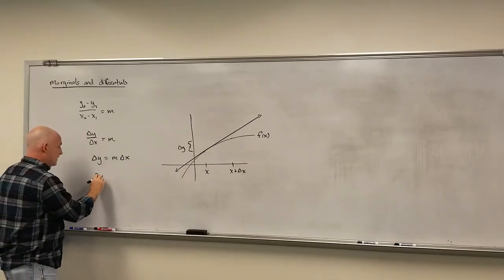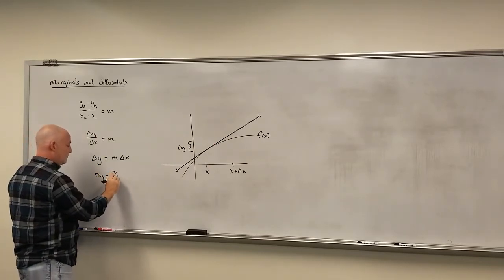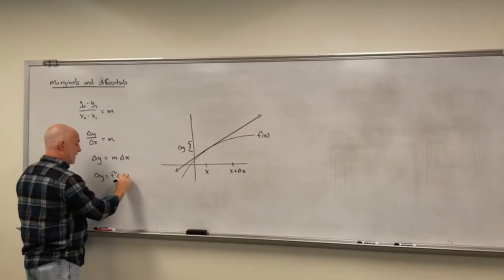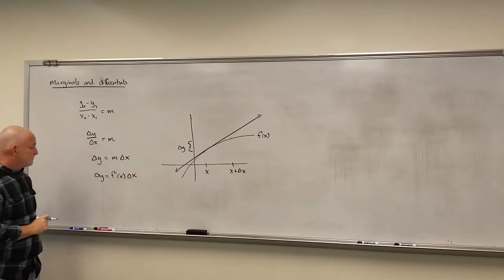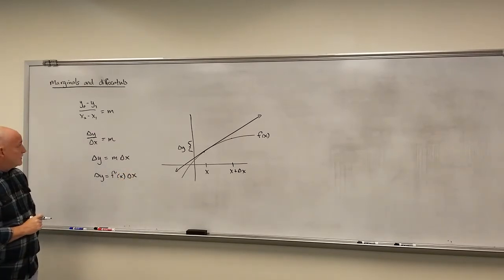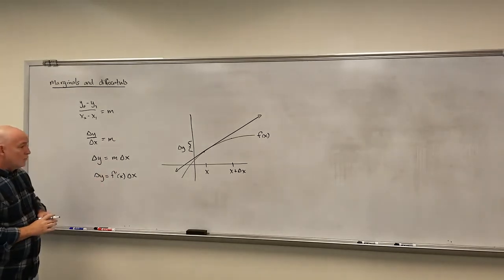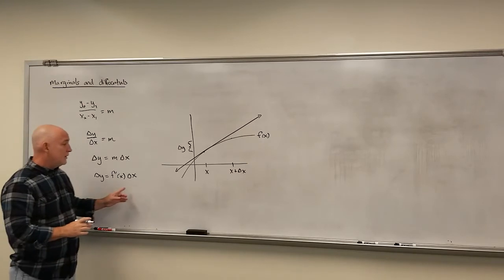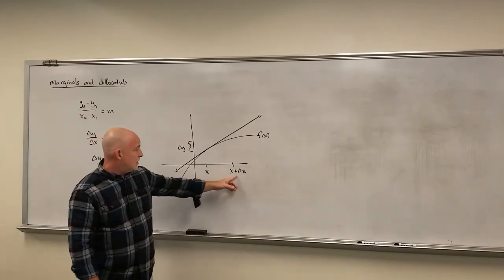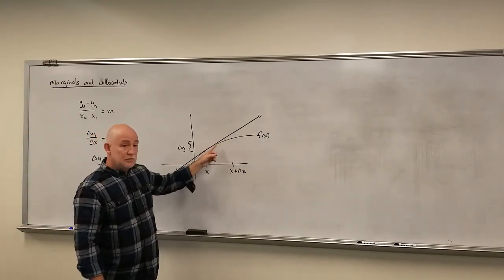So we could say that a small change in y is f prime of x times dx. Now, this ends up just being an approximation. Well, this is exact. But the idea here is, could we figure out if we make a small change in x, what does that do to this y value?